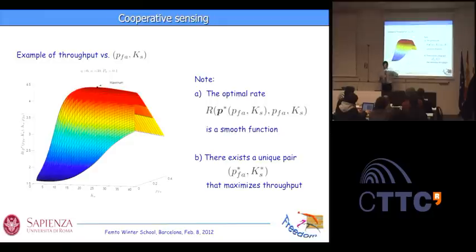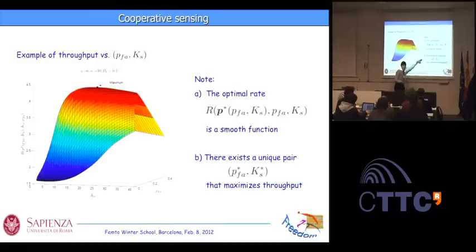Why? Because if I take too many samples, the extra improvement that I get is marginal, but at the same time I pay a lot in terms of rate loss, just because most of the data that I'm using is for sensing instead of sending information data. This is why at a certain point I have to lose, and why I only expect one maximum in this direction.